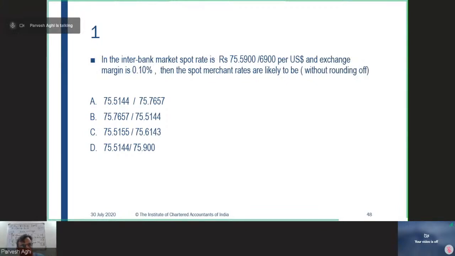The first MCQ talks about the interbank rates being given and you have to calculate the merchant rates. The exchange margin is given. You don't have to round it off, so give me your answers without rounding off. In the meantime, I'll just look at your queries here.